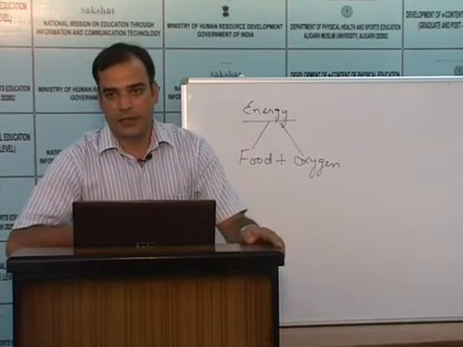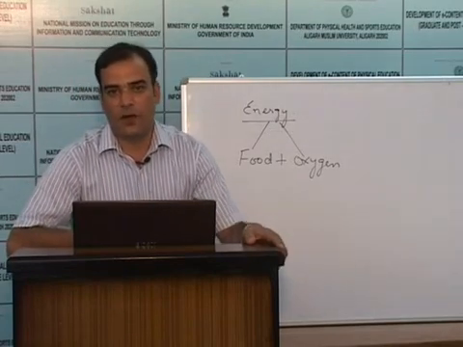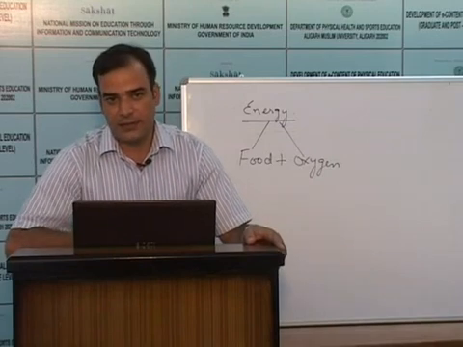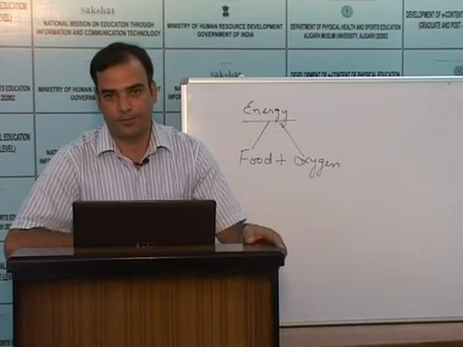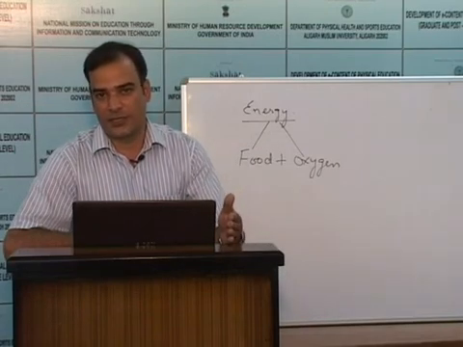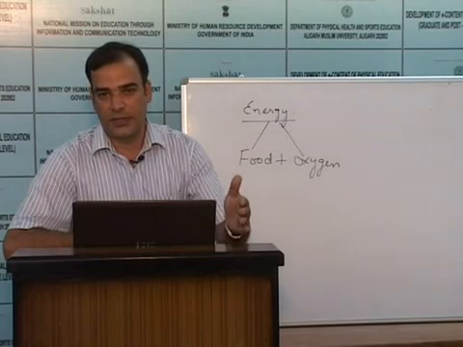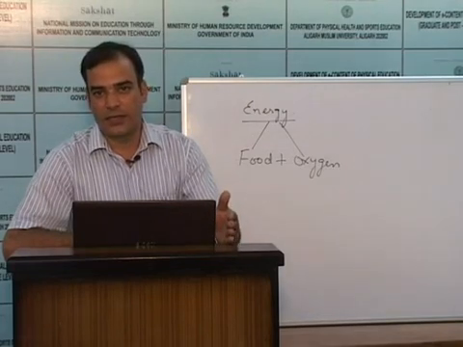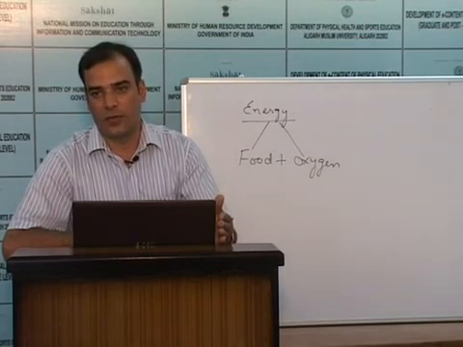This residual matter in the form of feces is excreted by the digestive system. So this is also a process of excretion. We can say the digestive system excretes the unwanted food in the form of feces.